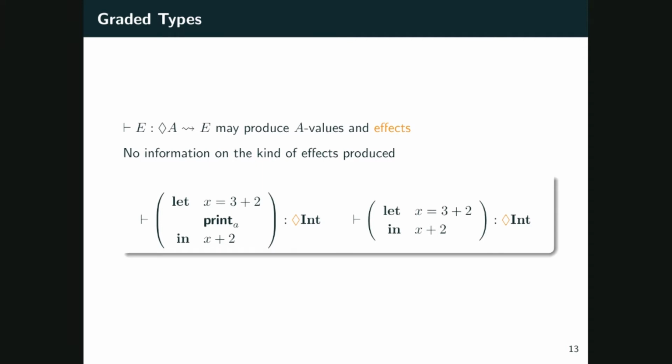Here we have two programs that compute the same value, namely 7. However, one program also performs an effect, namely it prints something during computation, whereas the other program does not. However, both these programs have type diamond int. So the type itself does not allow us to see the kind of effects that are performed by these two programs.